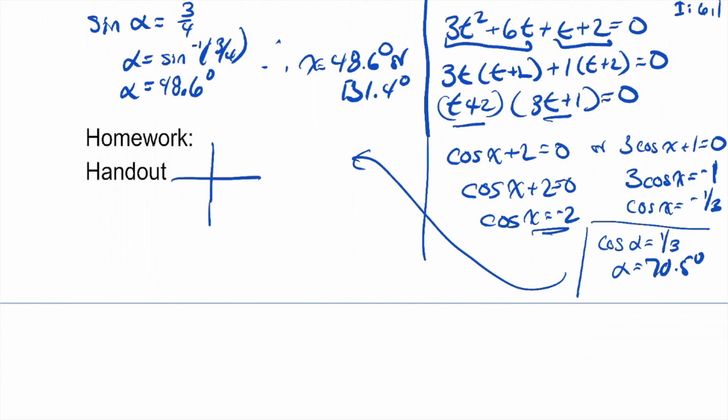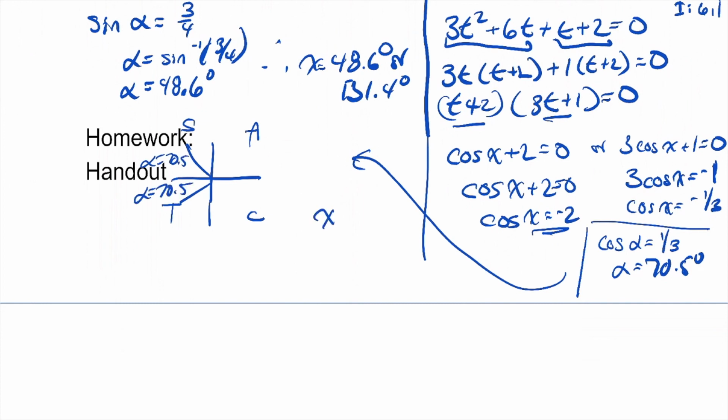Let's look at cos. Cos here was negative. So using CAST, that means that theta or x must reside in quadrants 2 and 3. And we're told that alpha is 70.5.